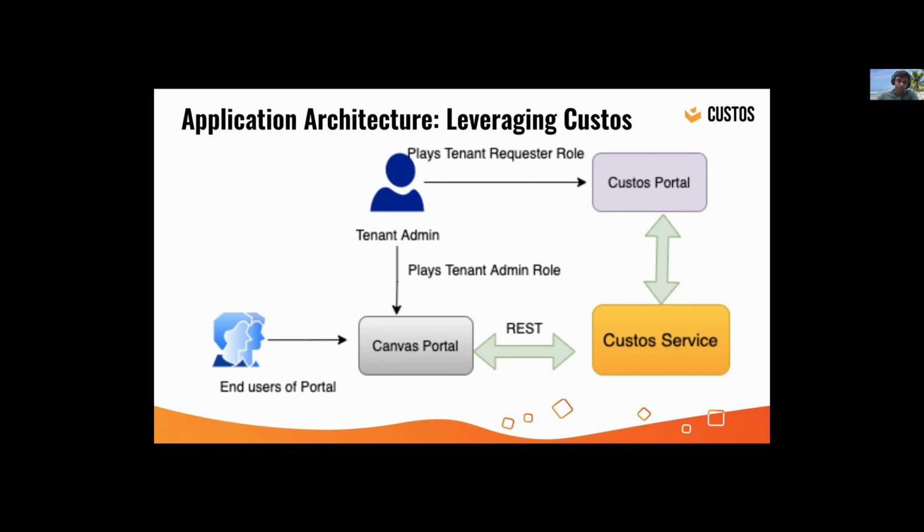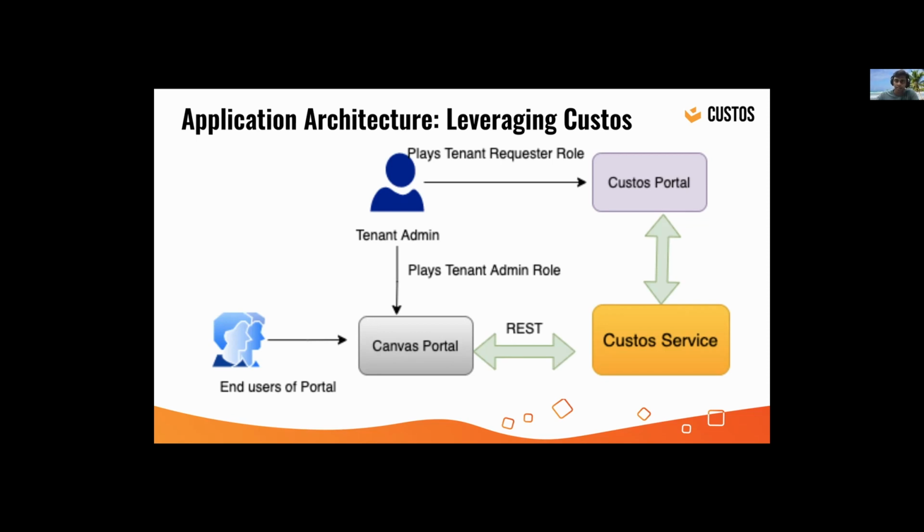This tenant admin will be, let's say, your chief information officer or a similar role, who will manage the development and has the highest privileges to control the behavior of the canvas portal. So I call it a tenant admin, and this tenant admin needs to log into the Custos portal and request a tenant.